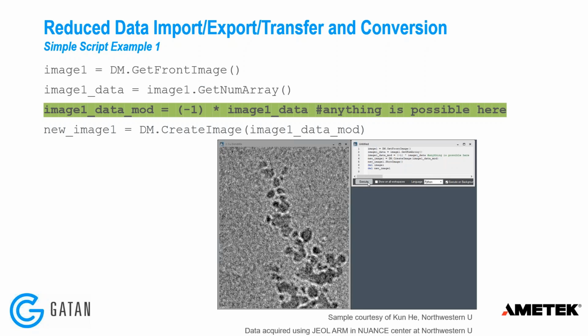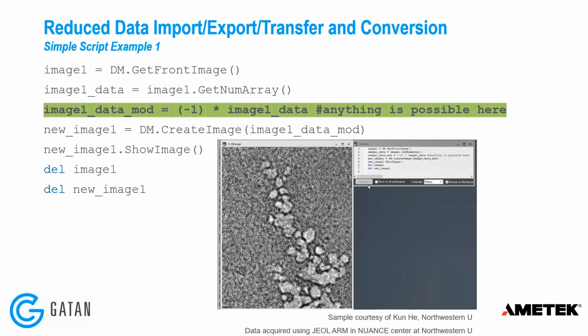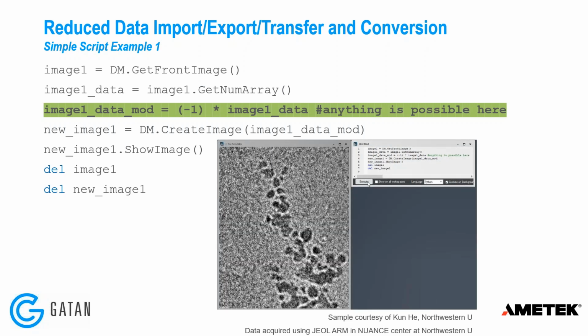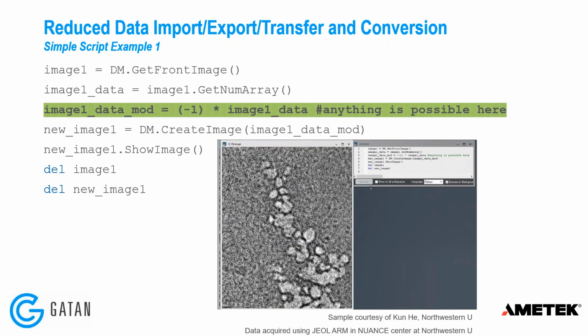Now that I have this modified image data, I'm going to create a new image in DigitalMicrograph in GMS using this command. And then finally, I'm going to show that image in GMS. And so now you can see in the video at the bottom what that looks like. I'm just playing the video over and over again here. And you can see the contrast invert.